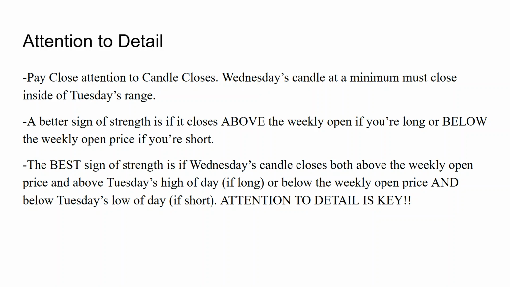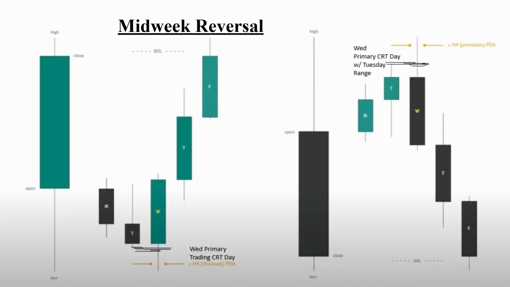A better sign of strength is if it closes above the weekly open. All right, there's a weekly open price that you have, and if price closes above that if you're long, or if it closes below the weekly open if you're short, that's an even better sign. And the best sign is, let's say you're long: if Tuesday's candle gets closed above, meaning that basically you're just looking for this right here.